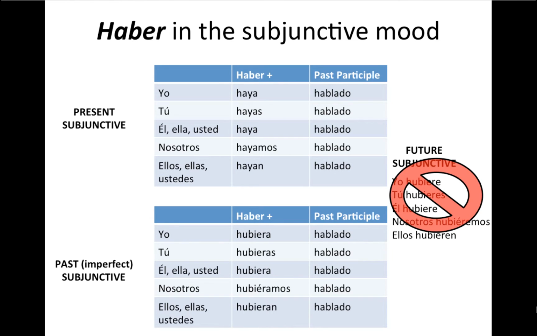Yo hubiere, tú hubieres, él hubiere, nosotros hubiéremos, ellos hubieren, is really an archaic form which is not used or very infrequently used, perhaps in some sections of Spain. It is used in the King James equivalent version of the Spanish Bible, La Reina Valera.